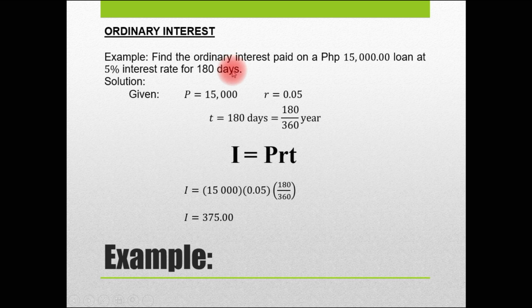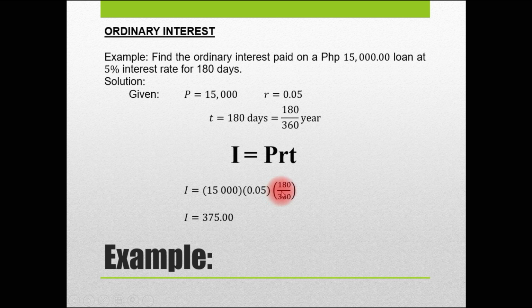So, 180 over 360. After that, after getting all the given, substitute natin siya dito sa formula natin, which is again, interest is equal to principal times the rate times time. And ayun, 15,000 for principal, 0.05 for rate, or 5% yan.